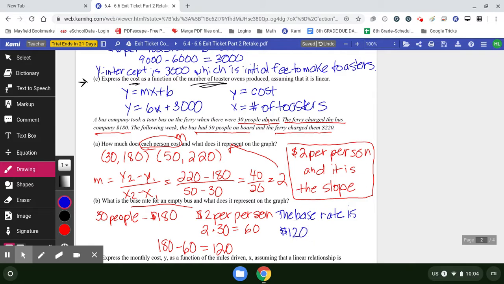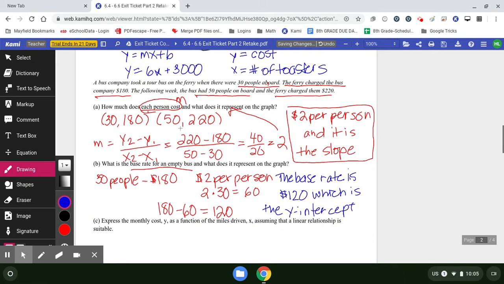And what will it be? Well, it's going to be where my graph starts, or it's also going to be called my y-intercept. The y-intercept of my graph. Okay? And now you're going to notice, so I have a slope, I have a y-intercept.